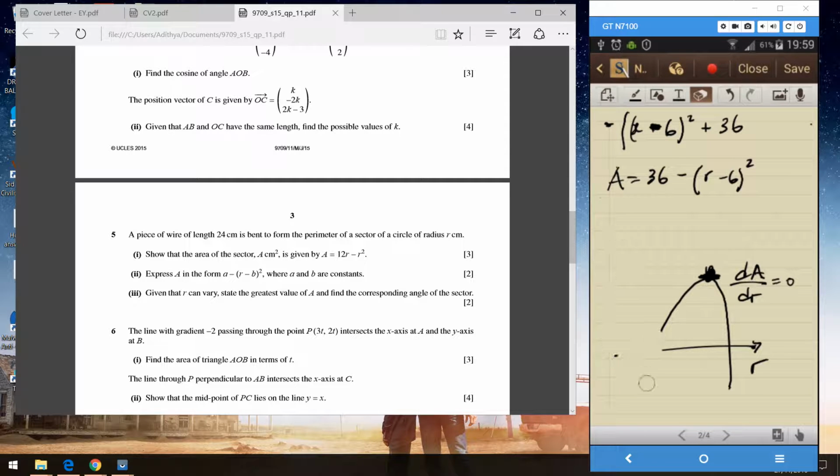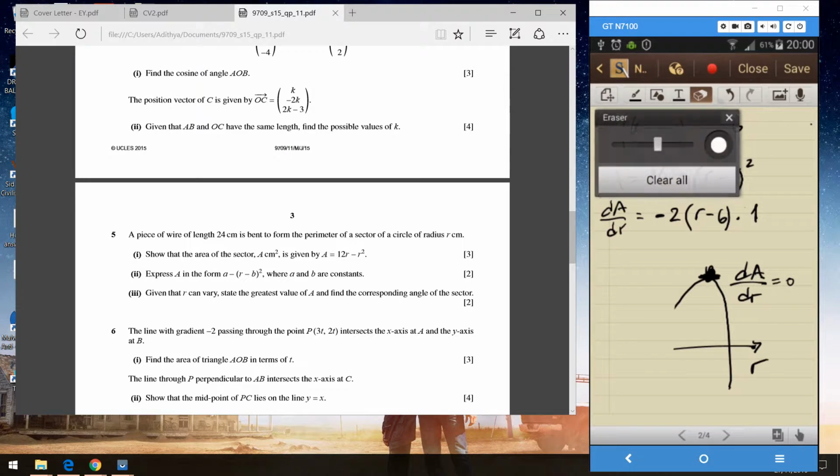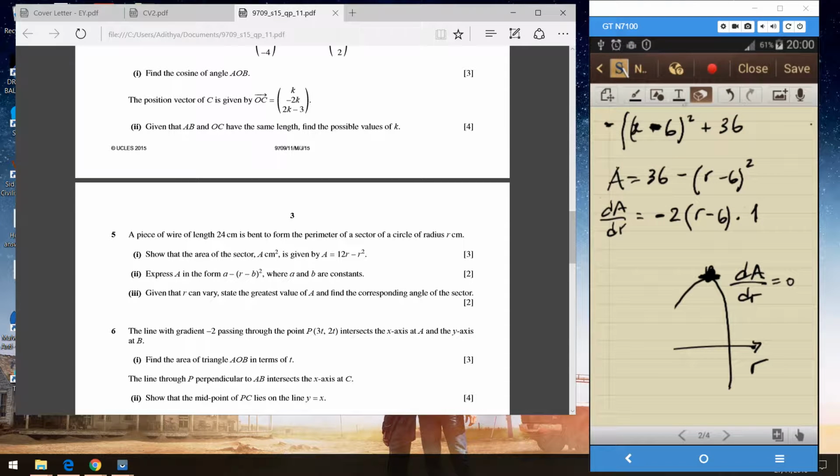So we established that dA over dr is equal to 0. Differentiate with respect to r. That is 36, that becomes 0, minus 2 times r minus 6 times 1. Chain rule. I hope you know how to do this. If you don't, email me and I will answer, and I will probably create a video answer specifically for those problems. So dA over dr is equal to minus 2 times r minus 6.